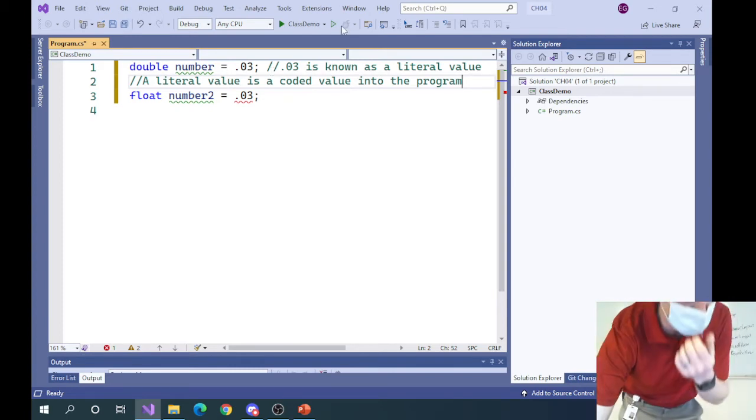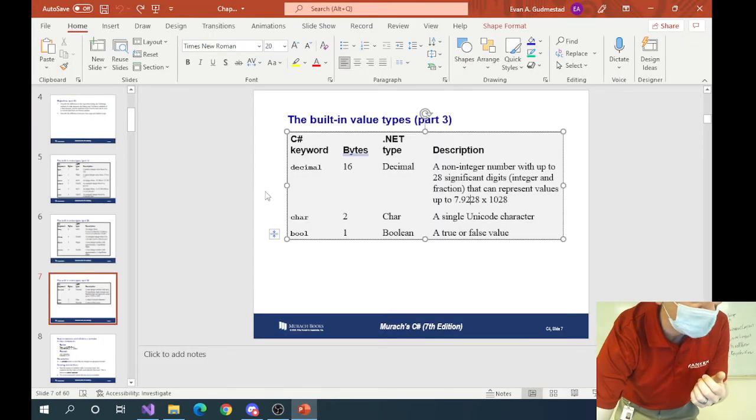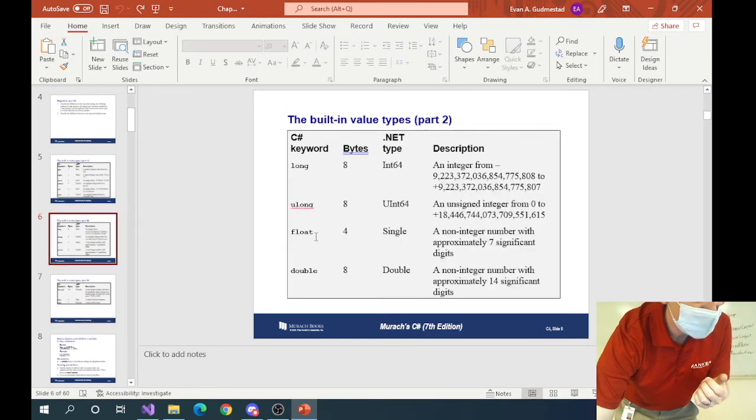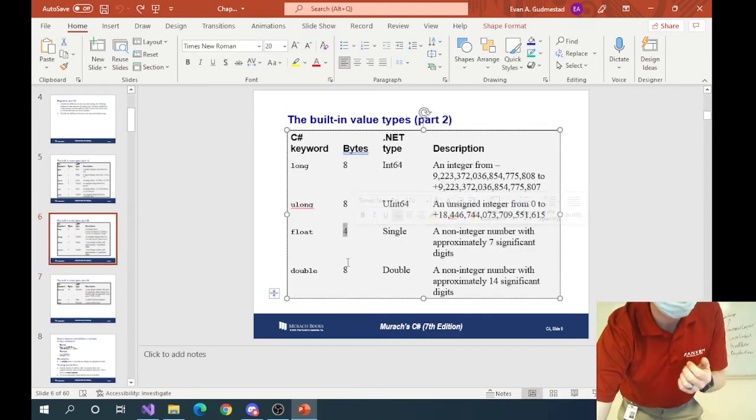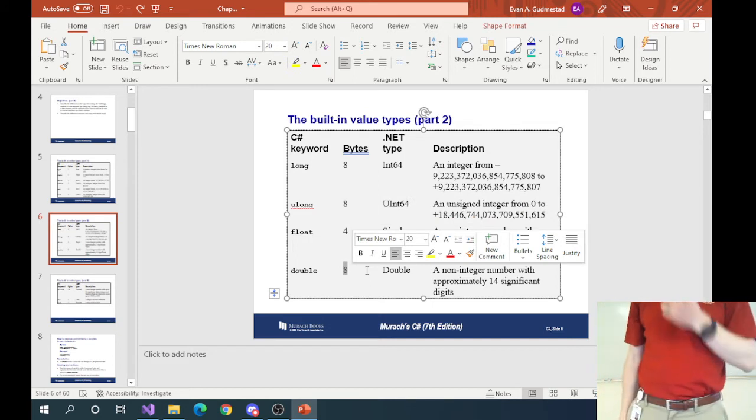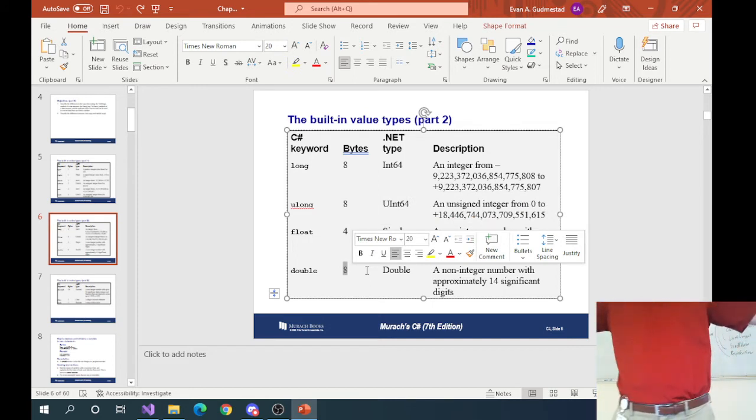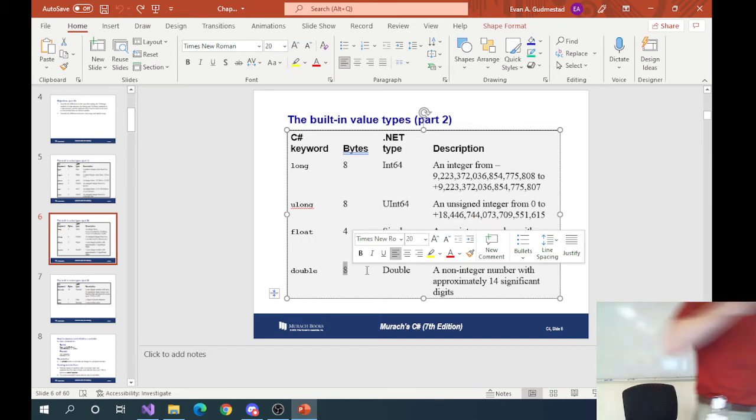What am I talking about, storage unit? Well, go back to your slides and you would see that you've got 4 bytes here, you've got 8 bytes here. You're trying to take 8 bytes of storage and potentially save it into 4 bytes of storage. That's not going to work. That could potentially cause problems when you've got more storage and now you're trying to save that information into a smaller container.